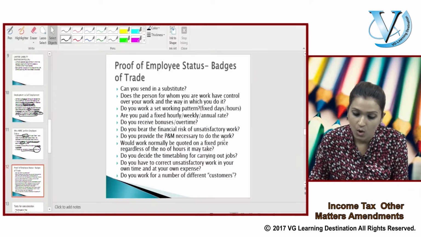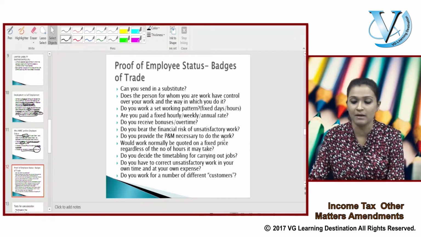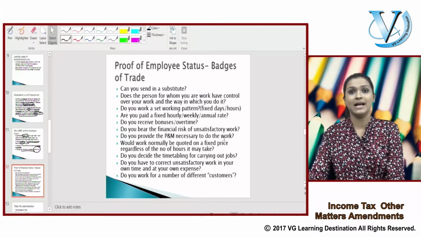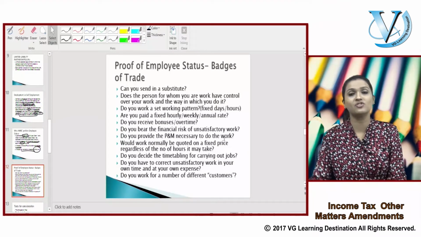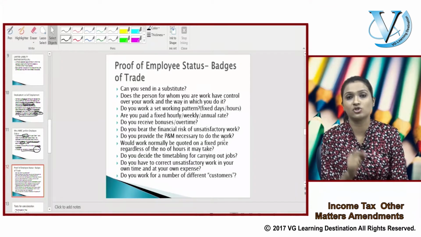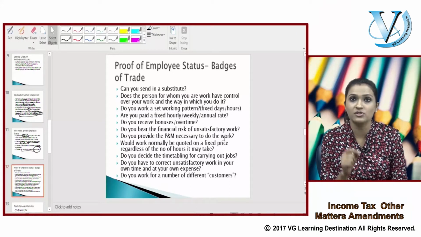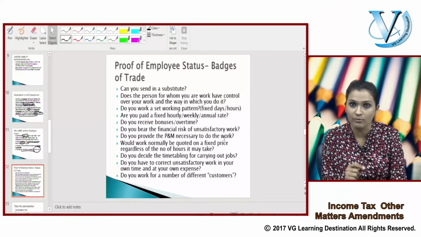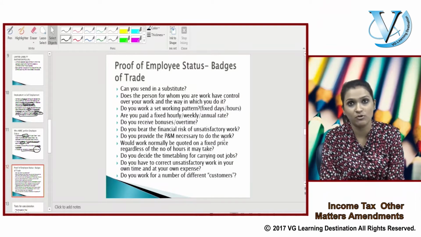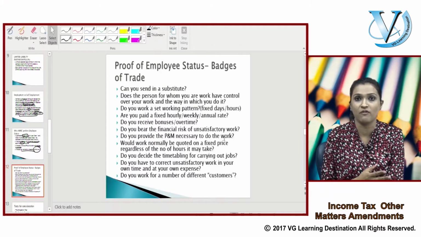What else? Would work normally be quoted on a fixed price regardless of the number of hours it may take? Now, as an employee, once you've been assigned a job, you need to finish off that job regardless of the number of hours it requires you to put in for the particular job to be completed. As opposed to this, as a self-employed person also, I need to finish off this job.